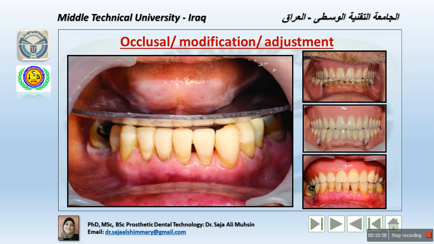Now, occlusal adjustment, perfecting the plane of the occlusion, is done by two methods. Method number one is to mount the maxillary edentulous cast and the mandibular cast on a semi-adjustable articulator using an arbitrary face bow and a centric relation record at the established vertical dimension of occlusion.